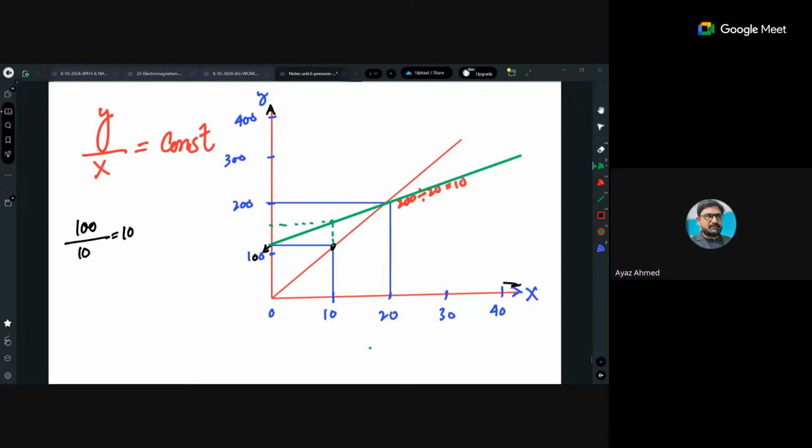Almost 150, है ना? So here you are getting 150 divided by 10. It is 15, isn't it? What about this point? 100 divided by 0, infinite.